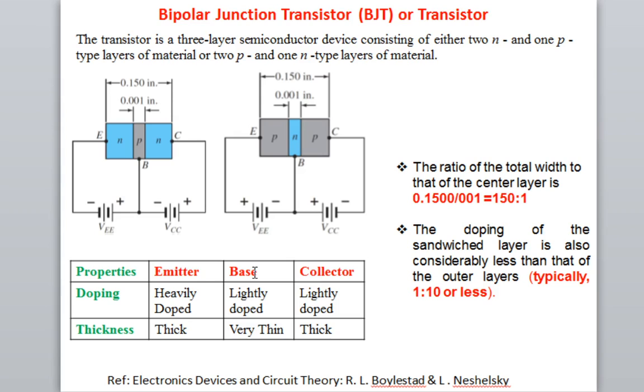So these are the few properties of the emitter, base and collector, and this is how one can identify which is the emitter, which is the base and which is the collector. So I have explained the few basics of the bipolar junction transistor.